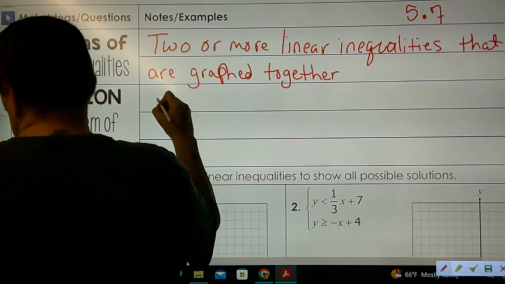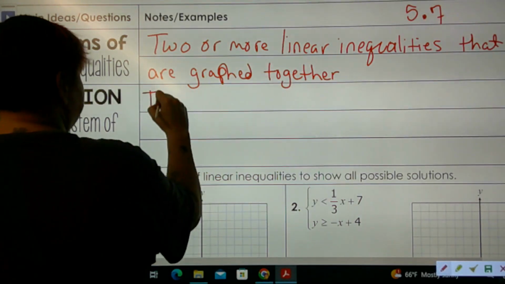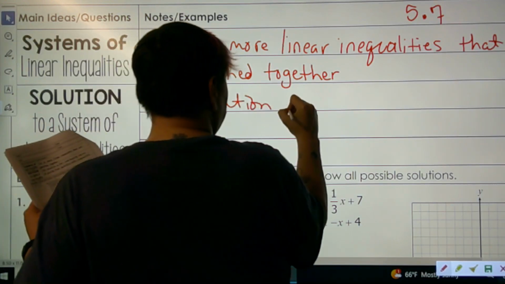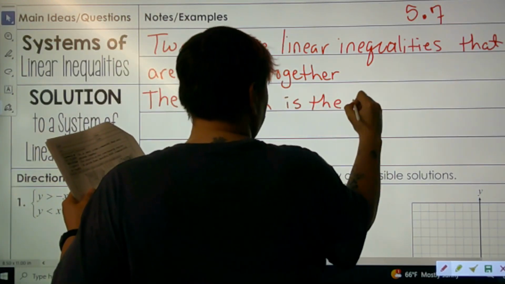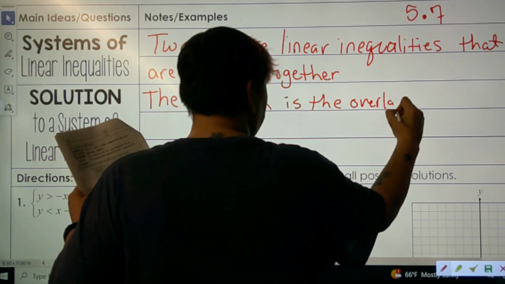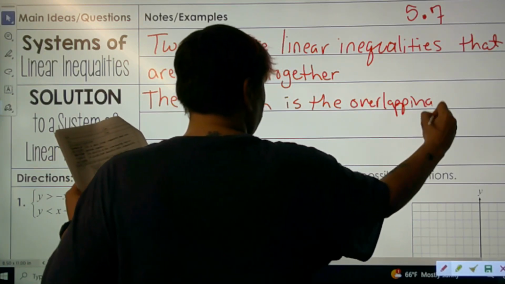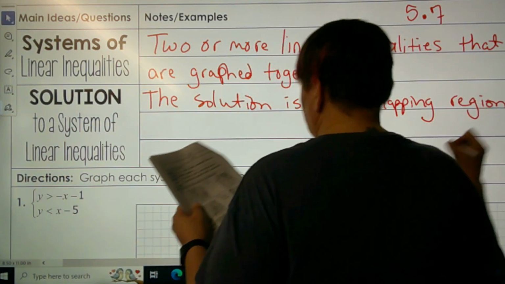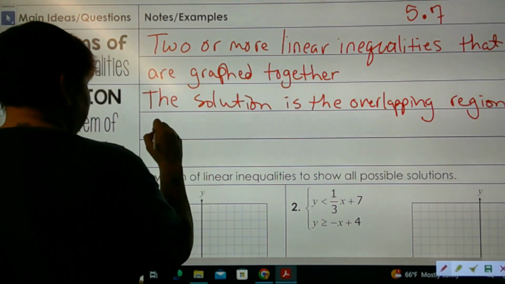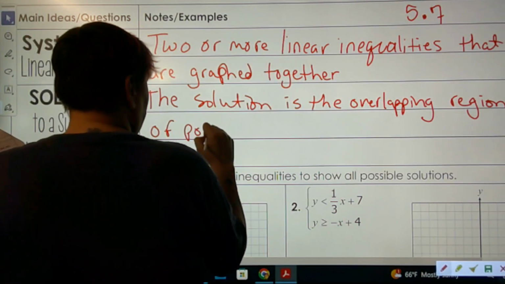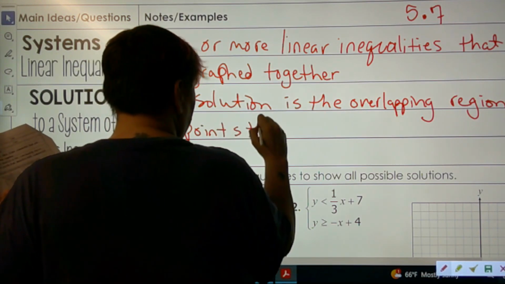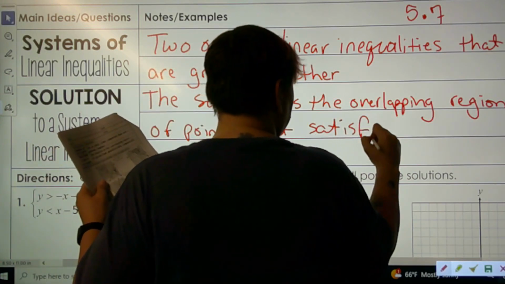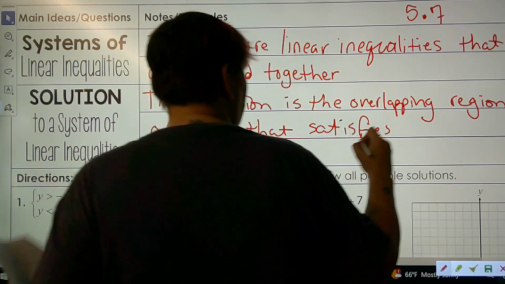The solution is the overlapping region of points that satisfies both inequalities.